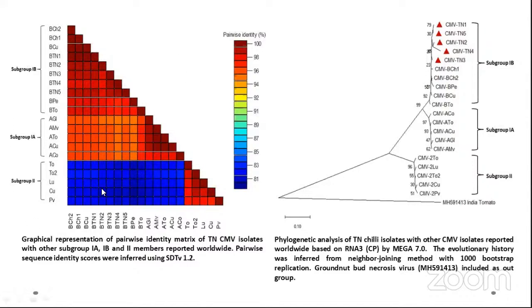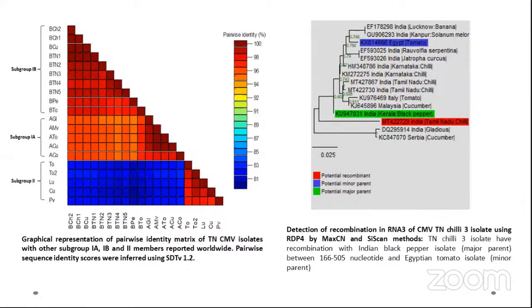This is a graphical representation of the pairwise identity matrix. In the phylogenetic analysis, all the TN-CMV isolates, including chlorosis and mosaic-inducing strains, clustered into subgroup IB. The recombination analysis depicted that the TN-CMV isolate may have evolved from the black pepper isolate of Kerala as the major parent and the Egyptian tomato isolate of CMV as the minor parent.